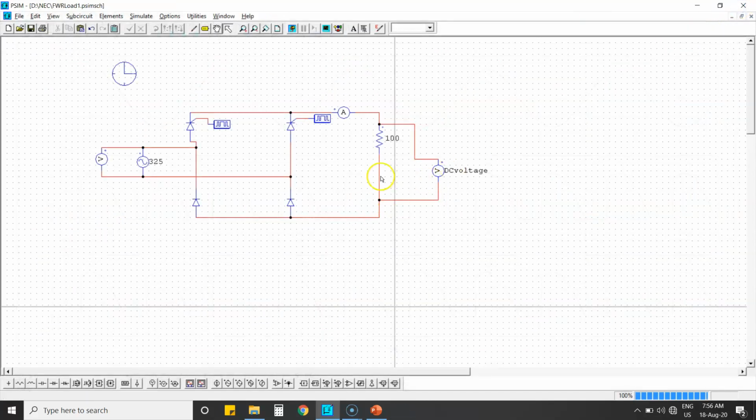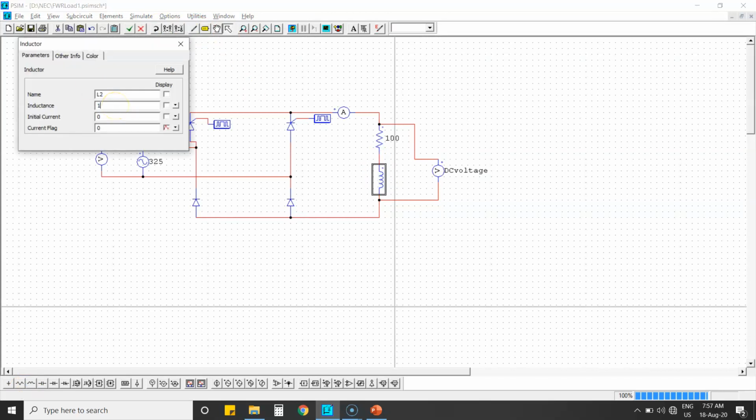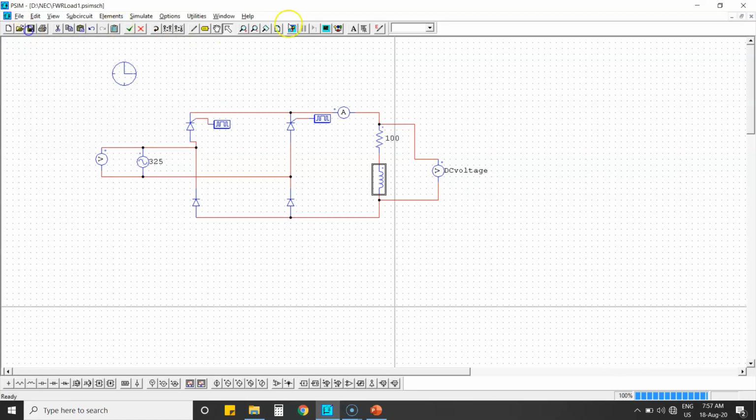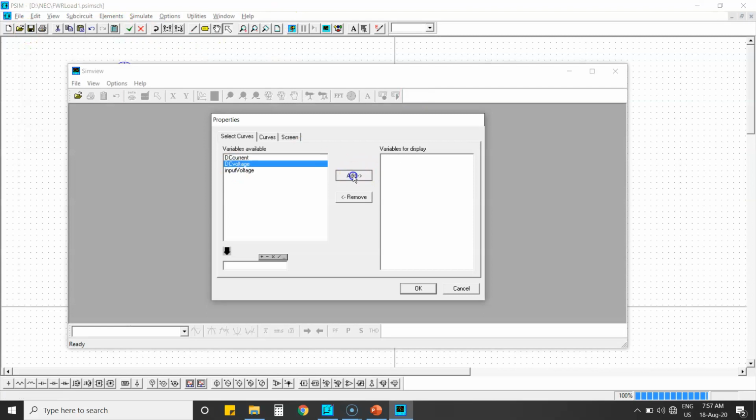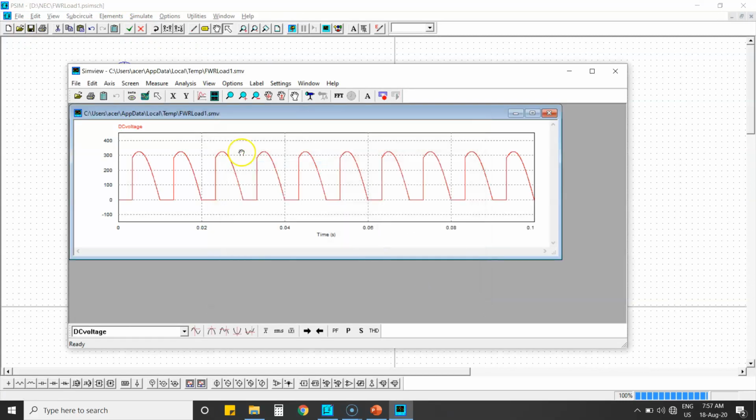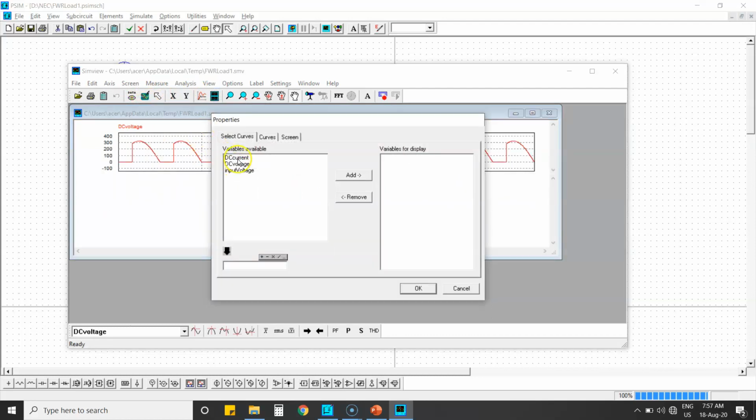Now we can go for RL load. Let us have L as 0.01, 0.1. I just want to see the output voltage and then the output current.